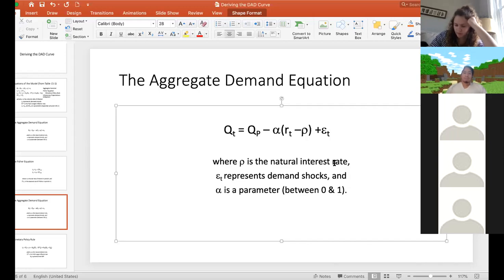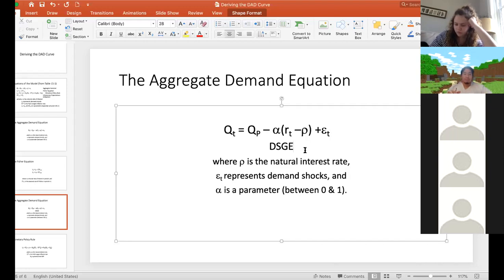Let me just write this in here, not because you're going to remember it, DSGE. State-of-the-art macro models are called DSGE models. The D stands for dynamic. The S stands for stochastic. The GE stands for general equilibrium.